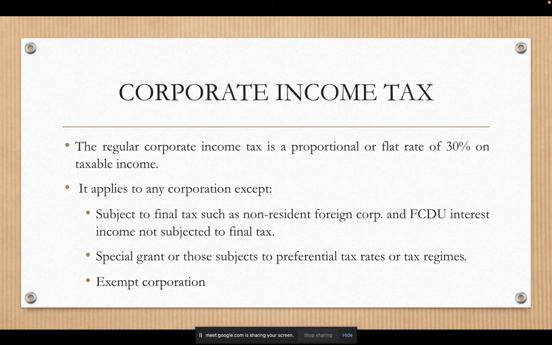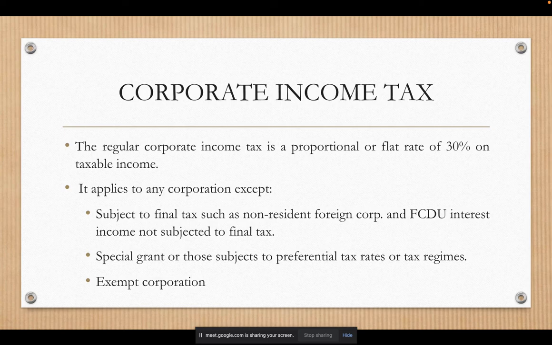Okay, so under the corporate income tax, from 30%, it's now going to be 25%. Meron lang siyang qualifications din, no? Yung minimum corporate income tax is also reduced to 1%. Okay? So the new rate is really 25%.